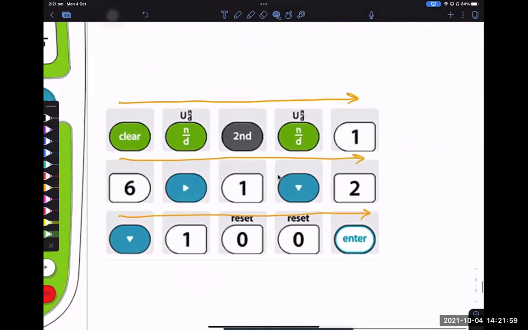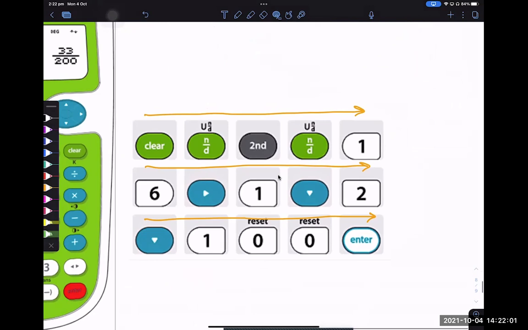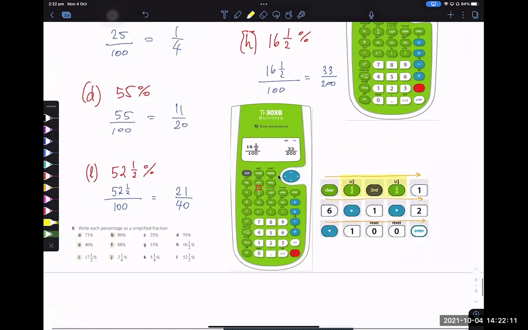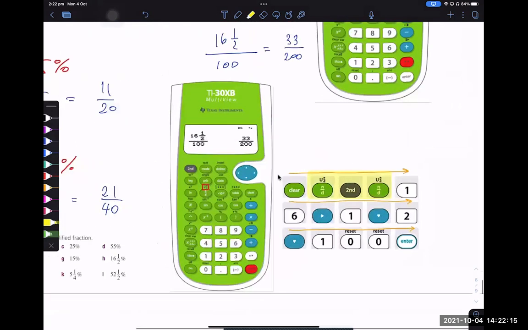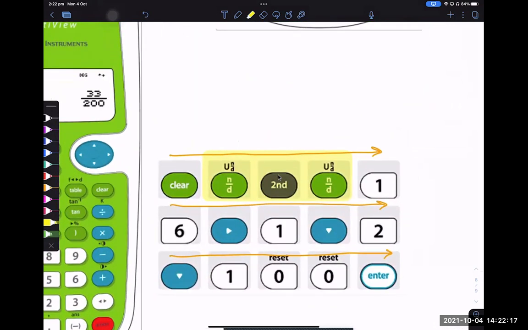You can write this out. So that's how you type a mixed number in, yeah? Just that yellow part there. You draw the buttons out. You press the second and stuff.